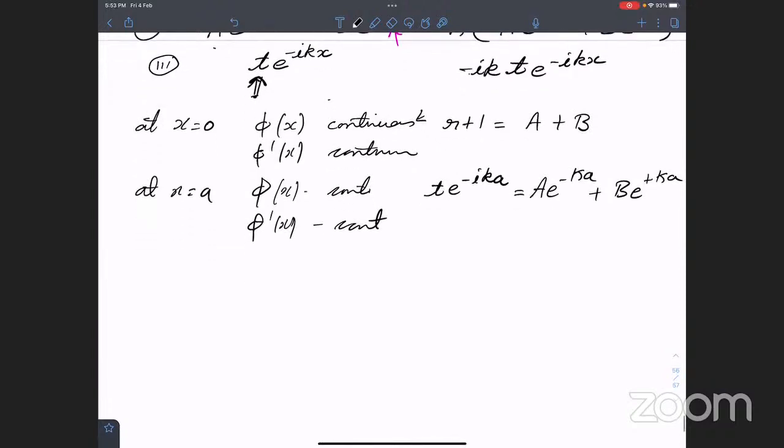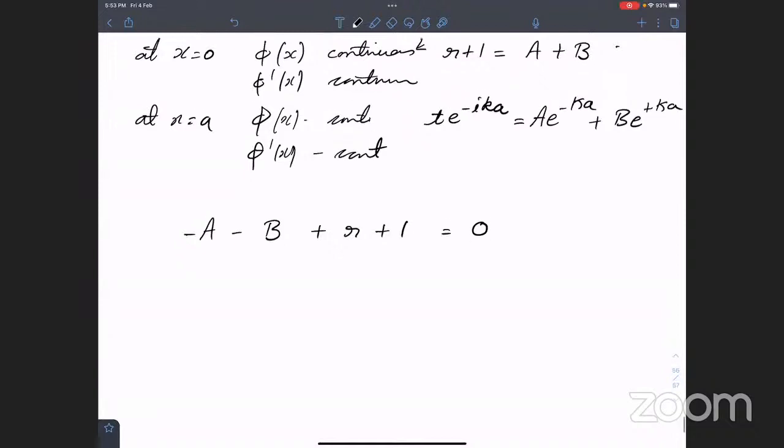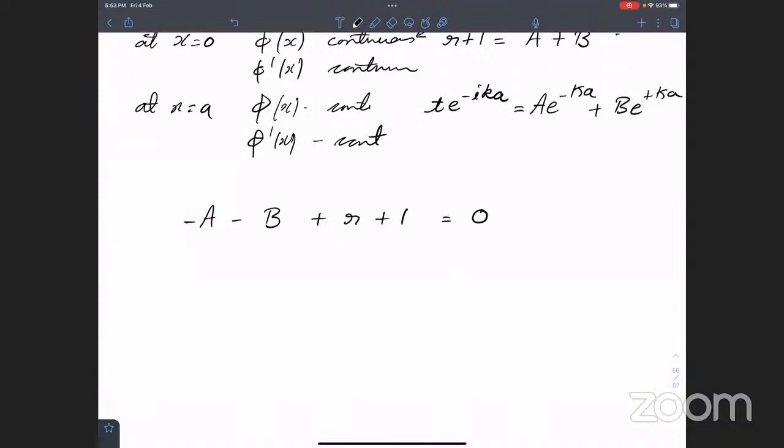These two equations, now we're going to write in a special way. We're going to bring all the a, b, r, t to the left hand side. So we can write the final equations like this: minus a minus b plus r plus 1 equal to 0. And the fourth equation, I can write as minus a e to the power minus kappa a minus b e to the power plus kappa a, plus e to the power minus i k a times t is equal to 0.